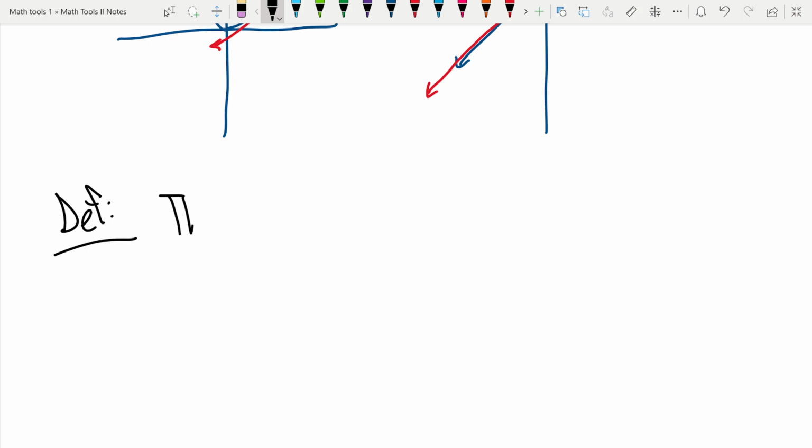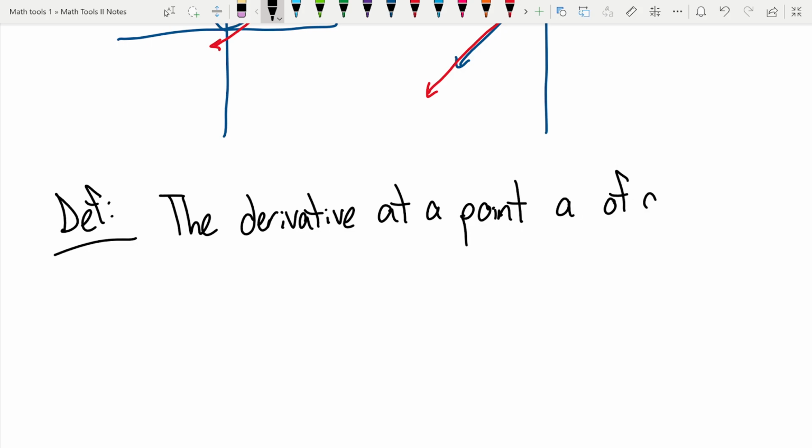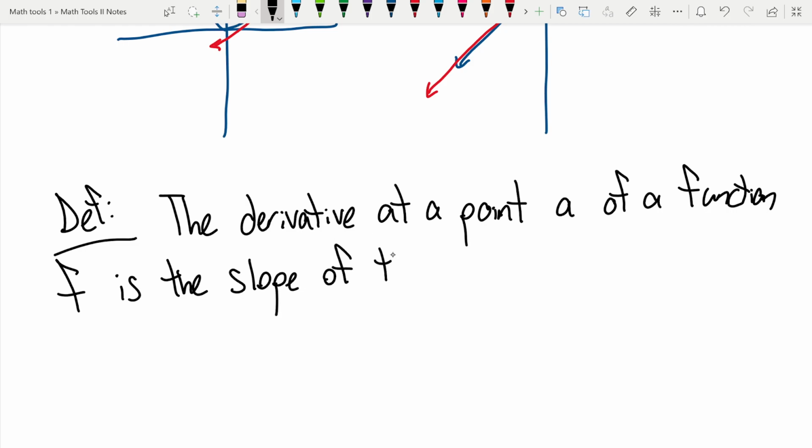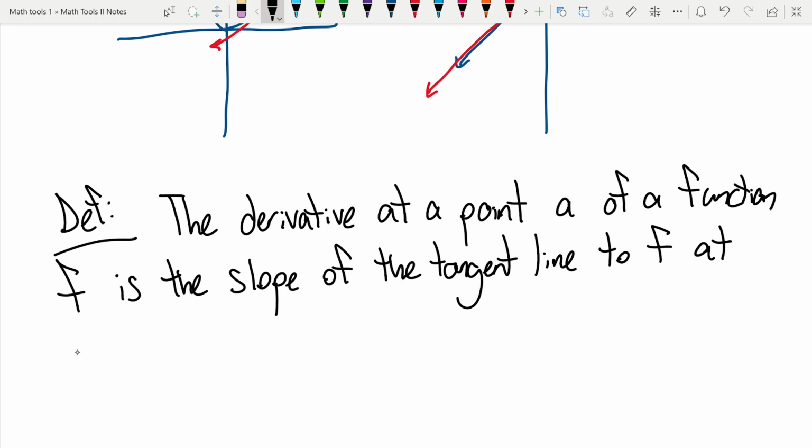So the derivative at a point A of a function f is the slope of the tangent line to f at A. Okay, so you find the tangent line and then you find the slope of that tangent line.